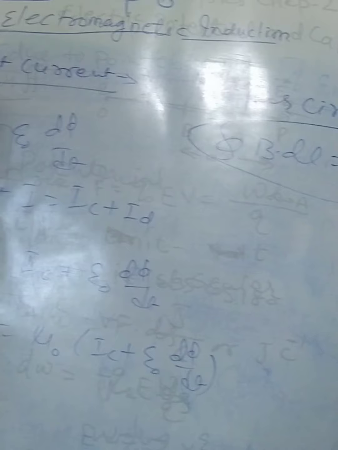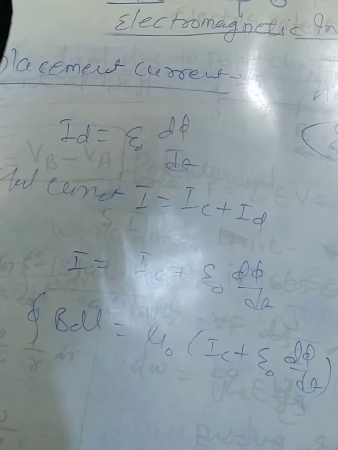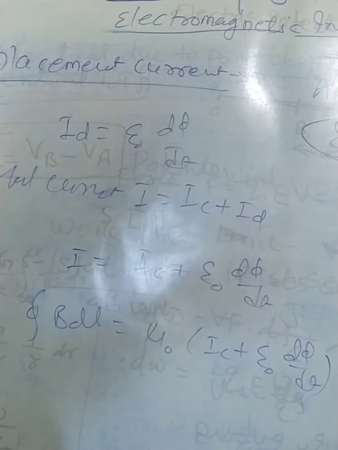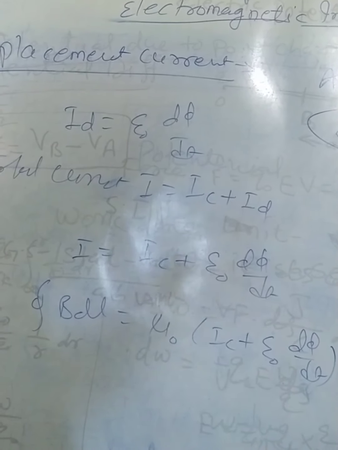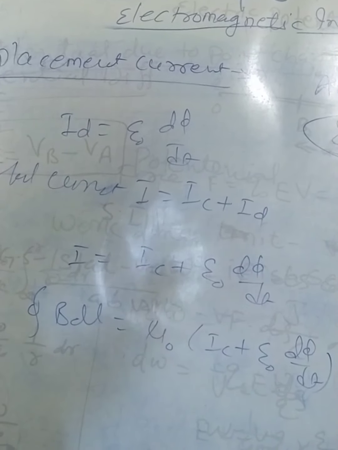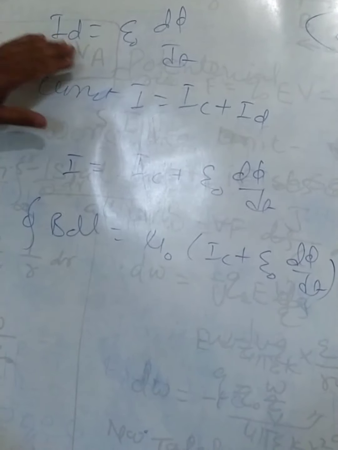Maxwell considered the current which comes into existence, in addition to the conduction current, whenever the electric field is changed. That means the total current is the addition of the conduction current and the displacement current.